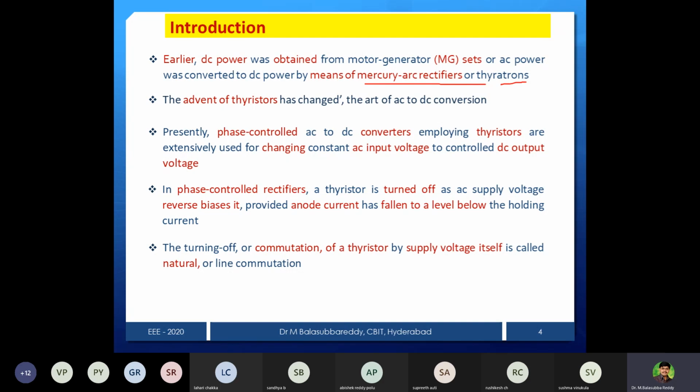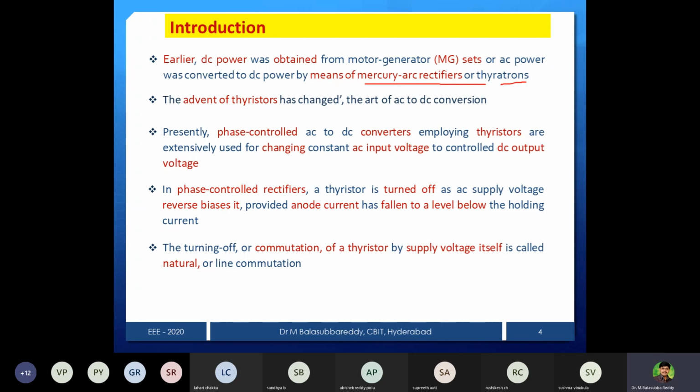Especially in phase control rectifiers, we use only natural commutation or line commutation. Both are the same: the line voltage is used to turn off the device, that's why it is line commutation, or naturally, without using any additional circuit or commutating elements, the devices turn off, that's why it is natural commutation.